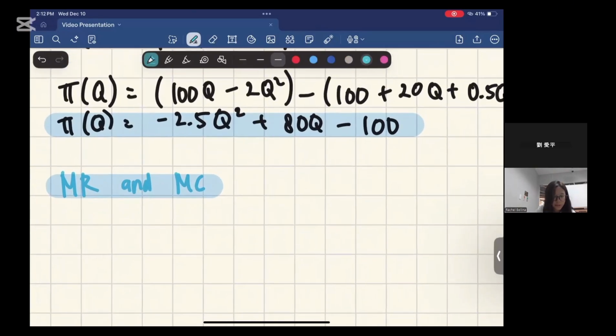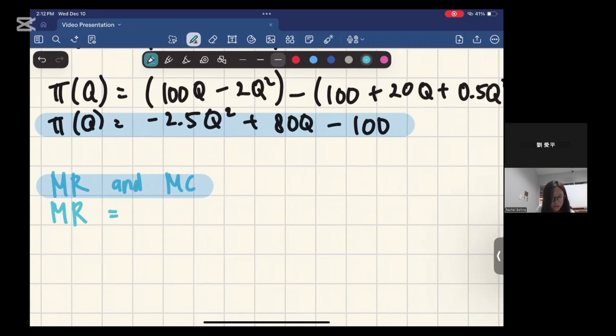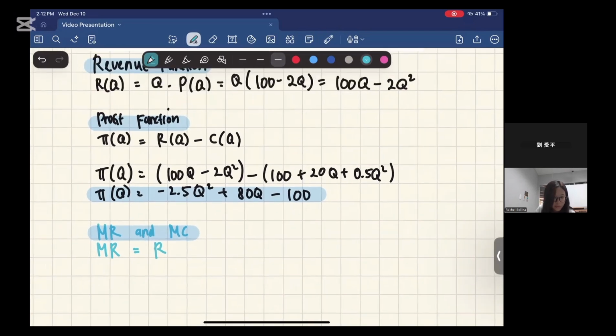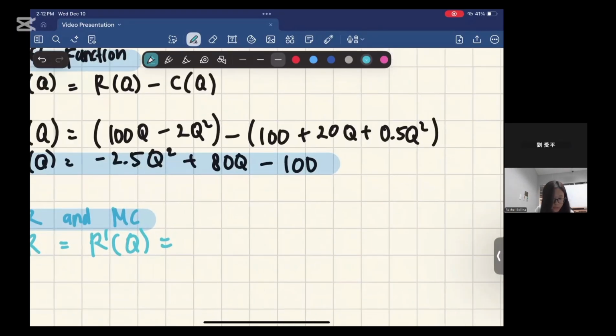So how do we get the marginal revenue? Marginal revenue equals the derivative of the revenue, and that equals 100 minus 4Q.